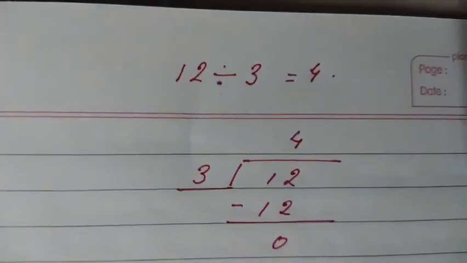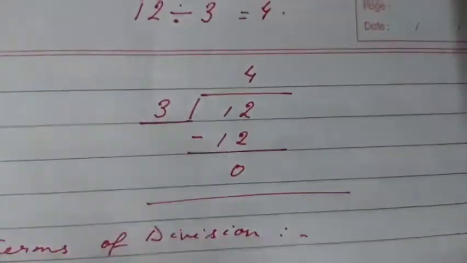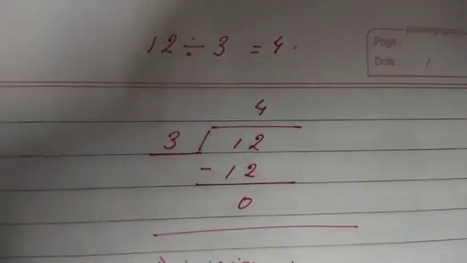Now at first we are going to learn the terms of division. The number which is divided is called the dividend. The number which is divided means 12. Here the number is 12.